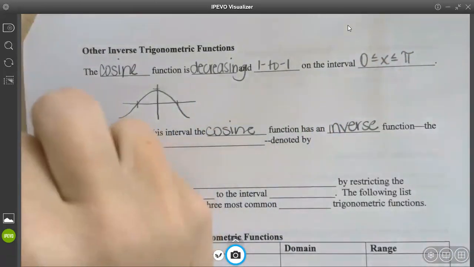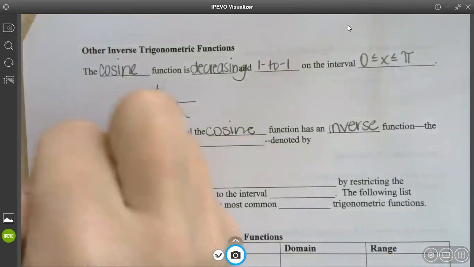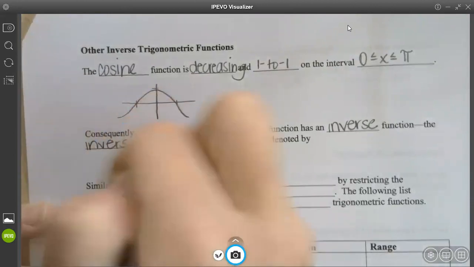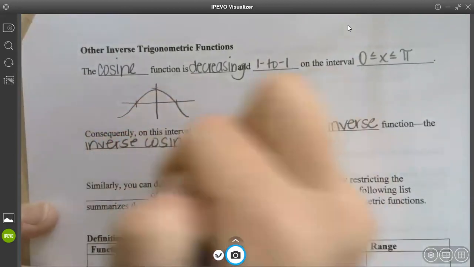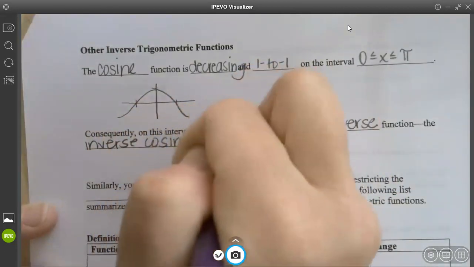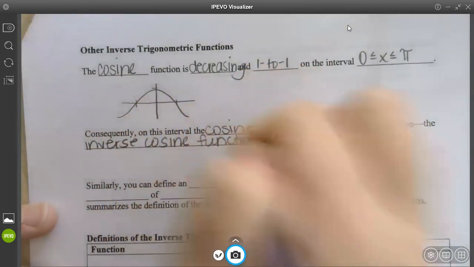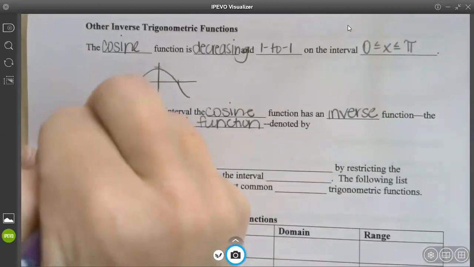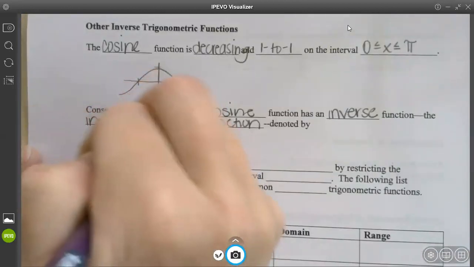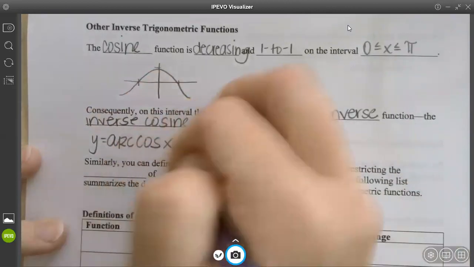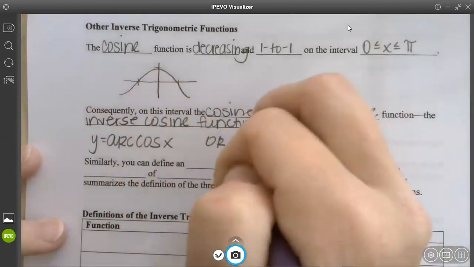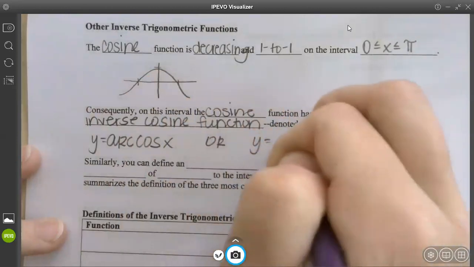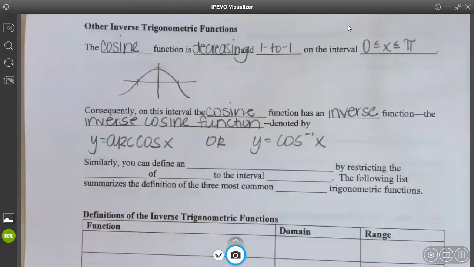And the inverse cosine function is denoted by the same thing, except instead of arc sine, it is arc cosine x or cosine negative 1 x.